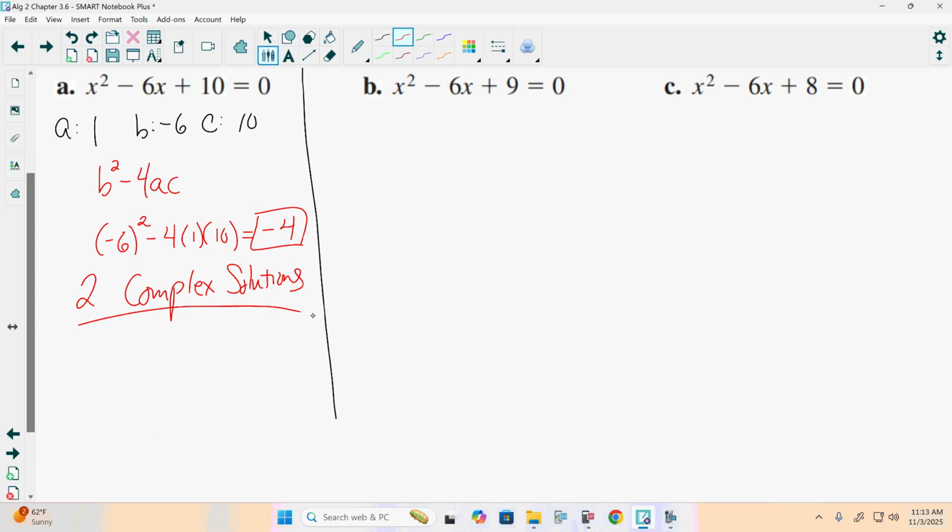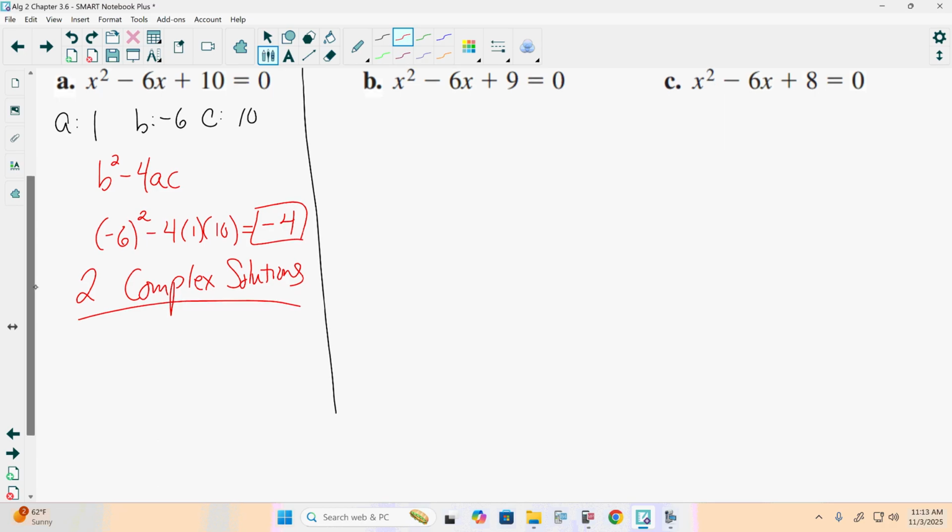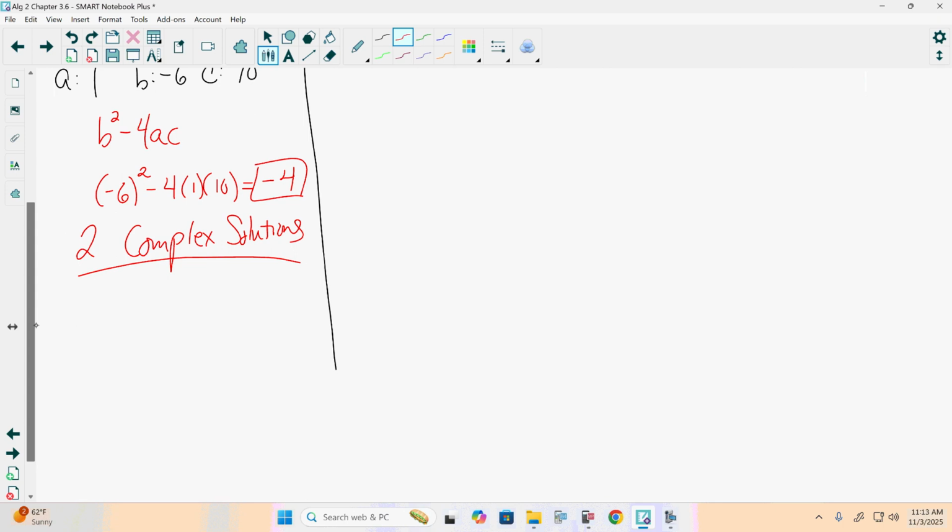The book takes it a step further, saying that it actually wants us to solve it. But this is as far as I want to go, because it asked us to find the discriminant's value, the number and type of solutions. The discriminant's value is -4. The number of solutions we have is 2, and their type is complex. 2 complex solutions. Questions on how we got to this?